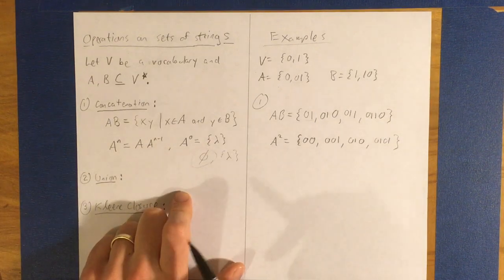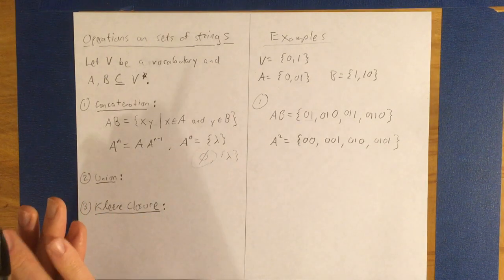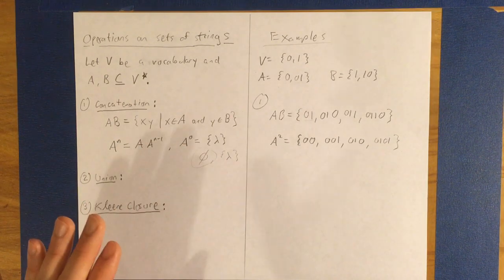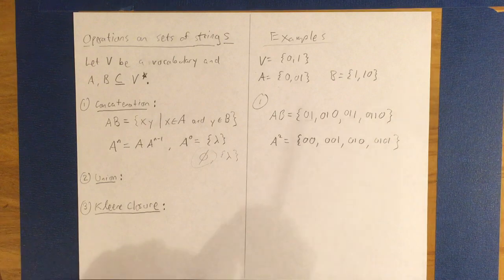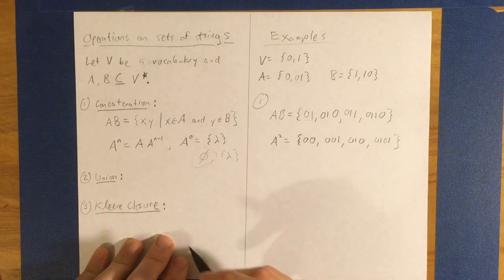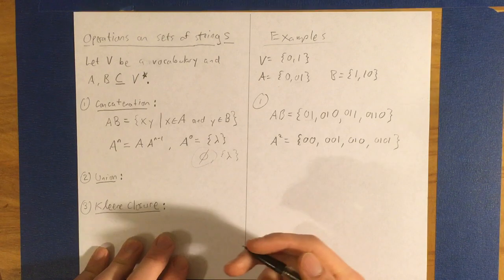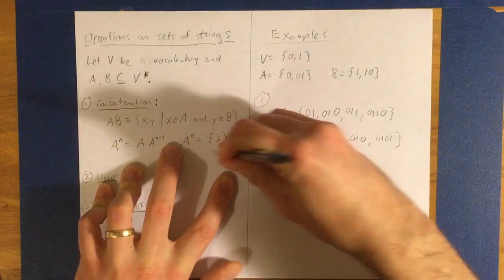The empty set, on the other hand, if you're going to take every element of A and concatenate it with the empty set, it doesn't have any elements to pick from, so that's more like multiplying by 0, because there's nothing from the second set that you can pick. And so you'd end up just concatenating with nothing and getting nothing. So we don't want the empty set. Concatenating with the empty set is like multiplying by 0.